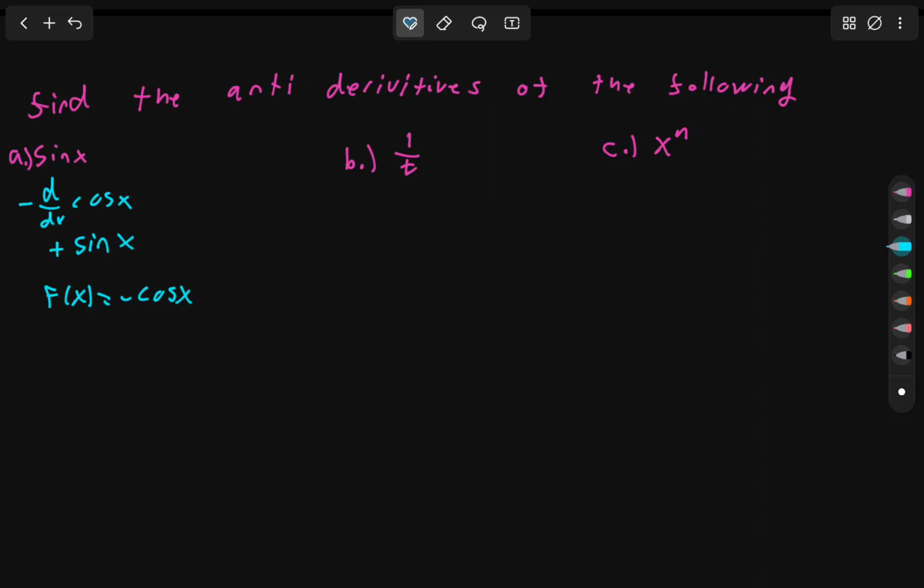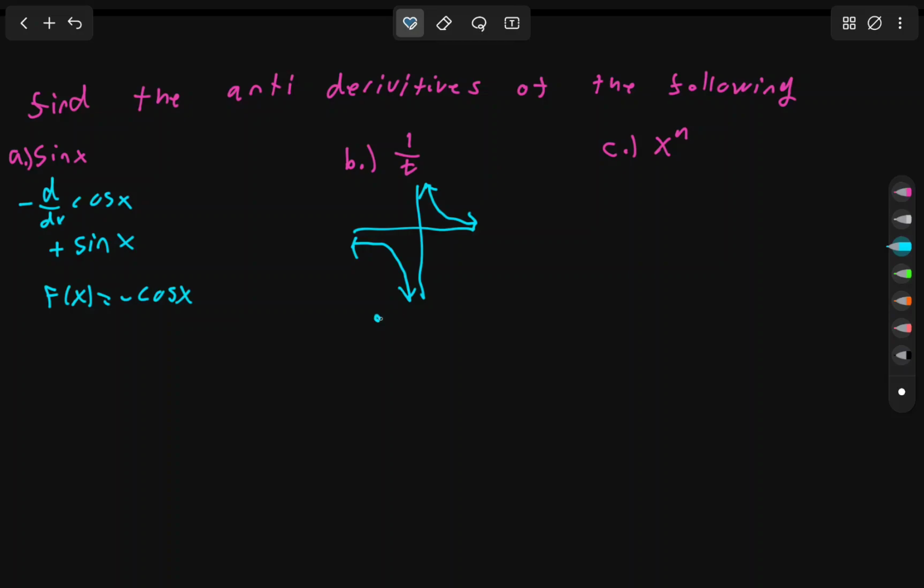Well, for this b, we normally think of the natural log of t being the antiderivative, or the function whose derivative gives 1 over t. But 1 over t has a lot more domain than just that single factor there. But what if we just real quickly define this as a piecewise function?